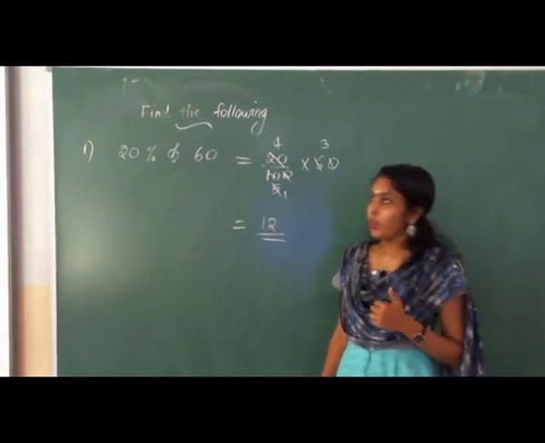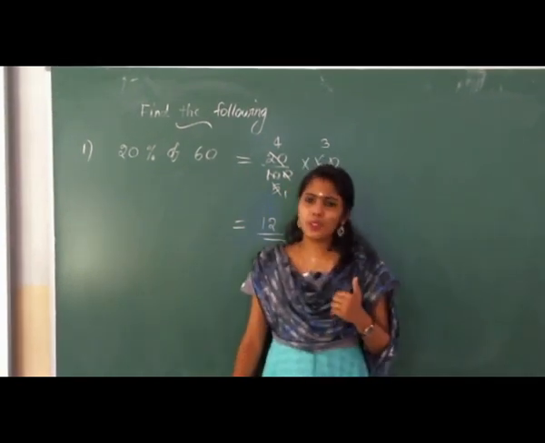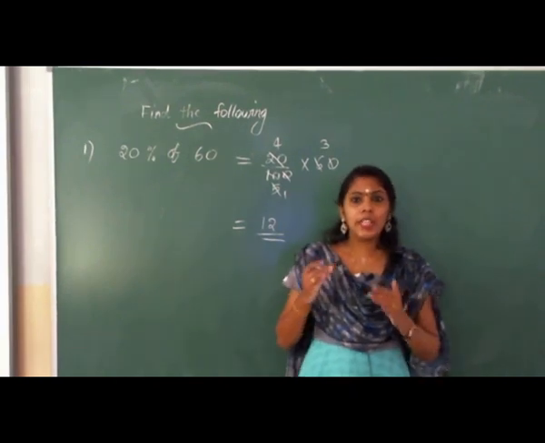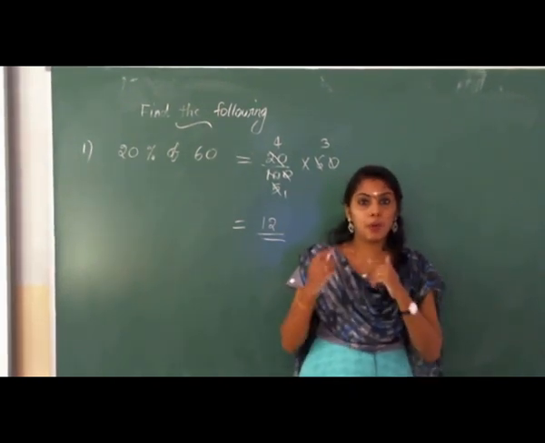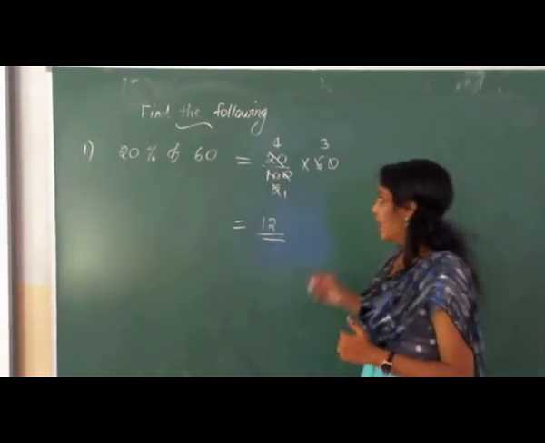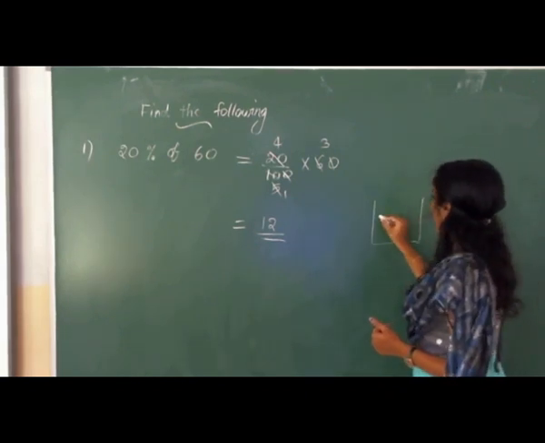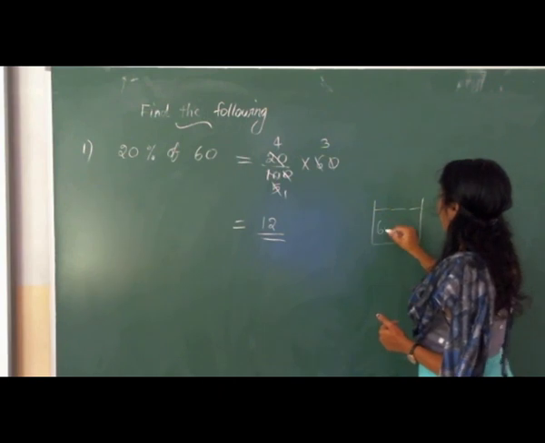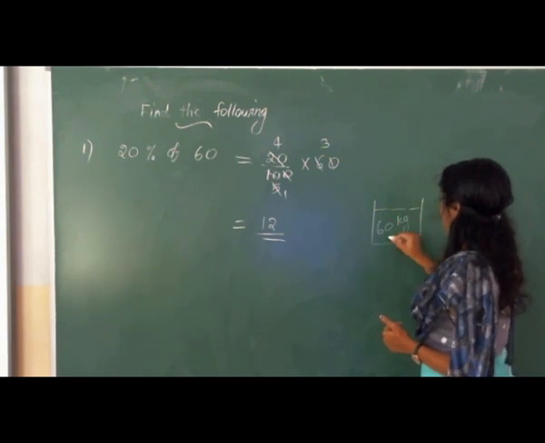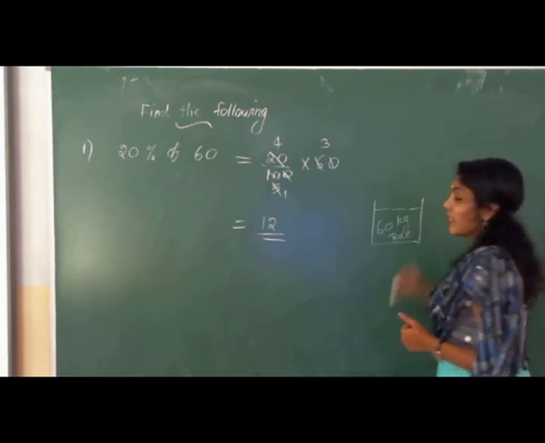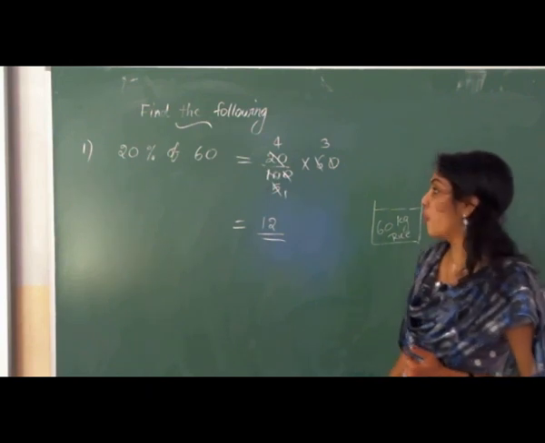So, what's the meaning of this 20% of 60? We can choose an example from our real life. In a bag, there is a total of 60 kilograms of rice.